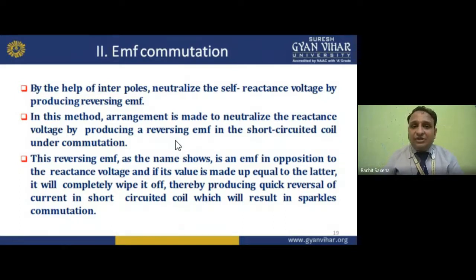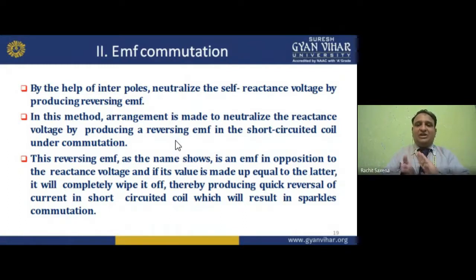The reversing EMF, as the name shows, is an EMF opposed to the reactance voltage. And if its value is made equal to the latter, it will completely wipe it off, thereby producing quick reversal of current in the short-circuited coil.